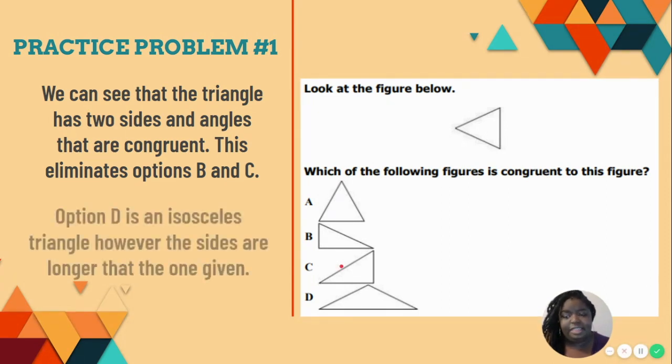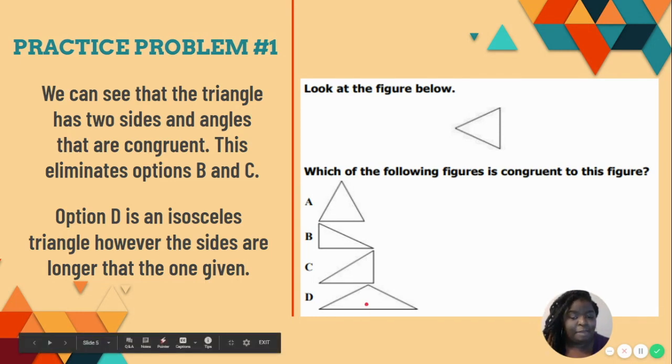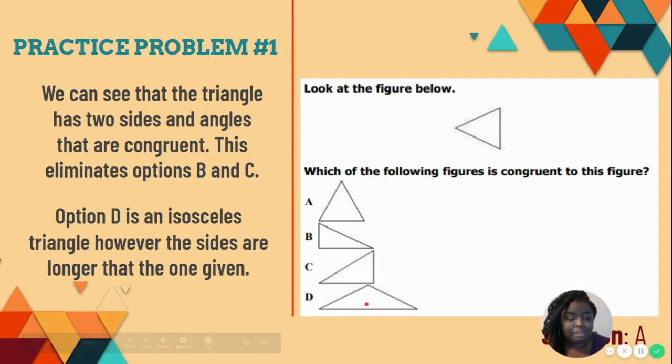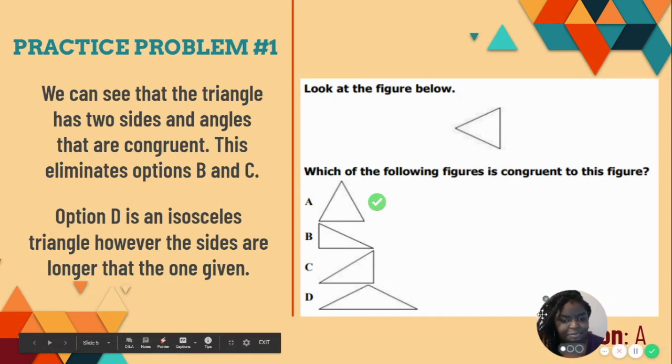And then that leaves option D, which is an isosceles triangle. However, the sides are longer than the one that is given, and that's evident here. So that leaves us with our answer being solution A.